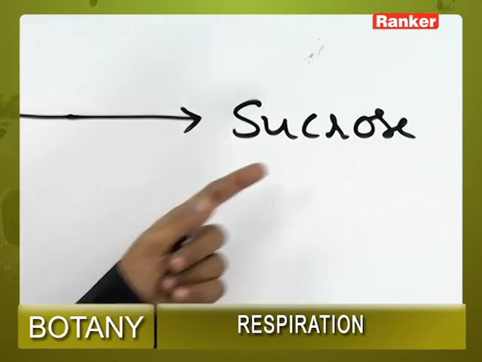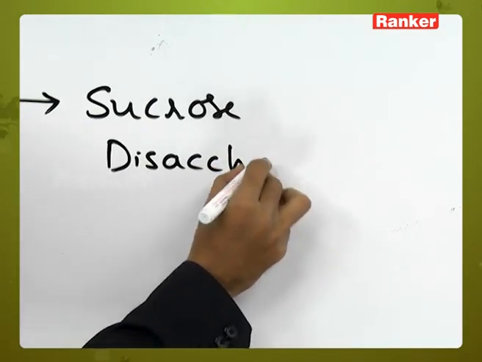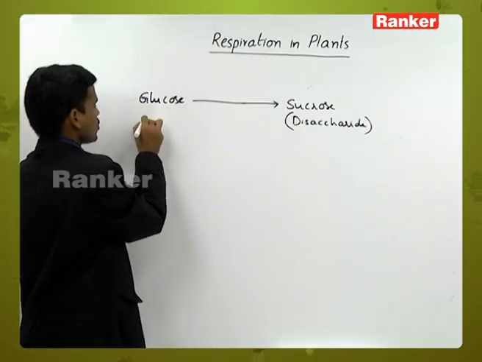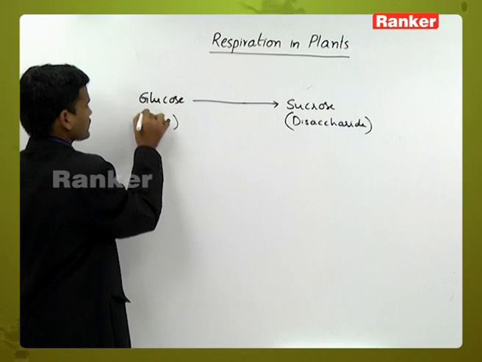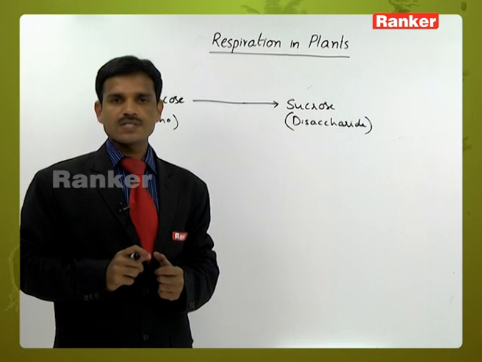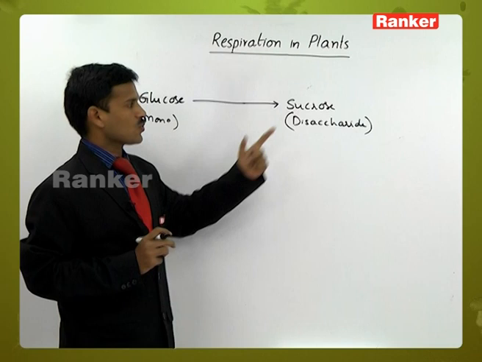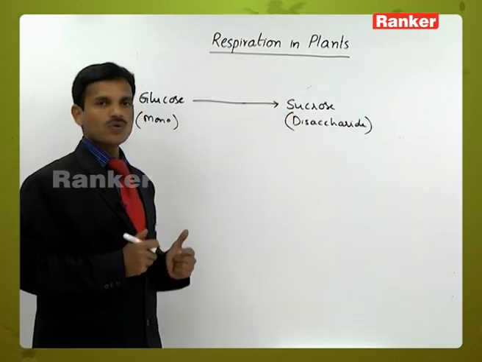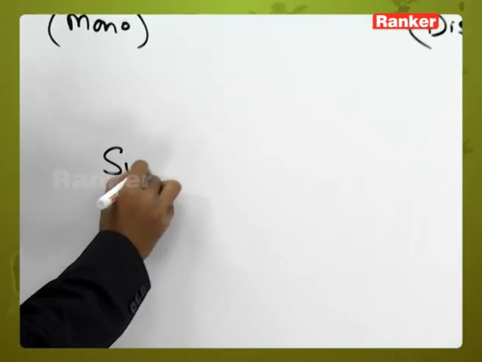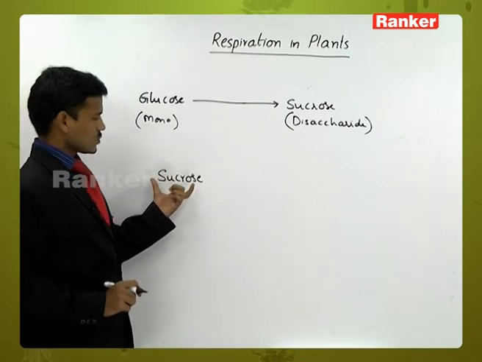Sucrose is a disaccharide, and glucose is a monosaccharide. Sucrose is the end product of photosynthesis. In all photosynthetic plants, the end product sucrose is synthesized.